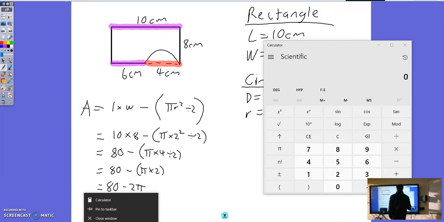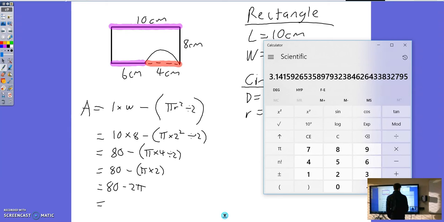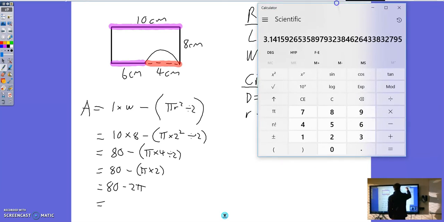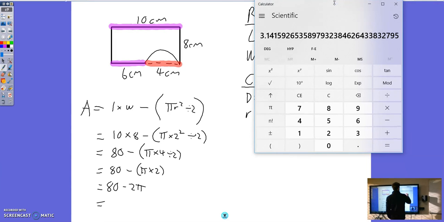We're going to say 2 pi. Alright, try that again. Pi times 2 is 6.28318. Okay?